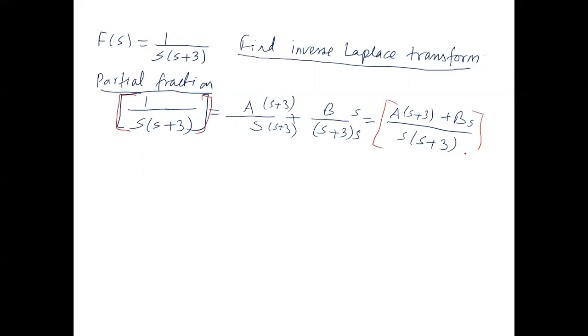Let's compare these two now, okay? If you multiply both sides by s plus 3, then they divide out. So you are left with 1 equals a times (s plus 3) plus b times s, okay?